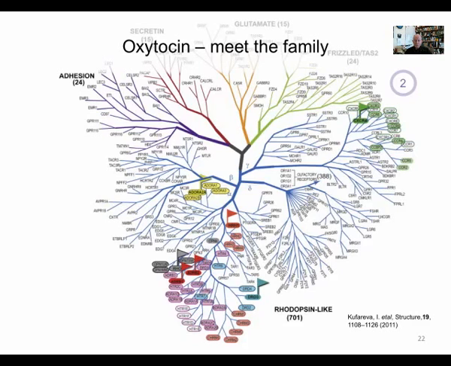And there are structures for quite a few of these receptors now appearing at a very rapid rate, and understanding of the receptors and their action is expanding almost exponentially.